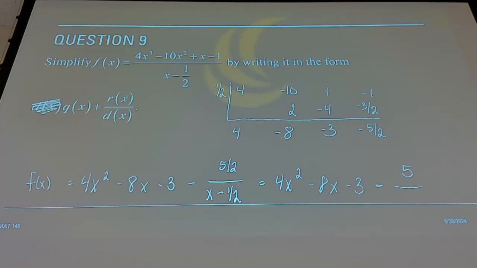And then x minus a half, distribute the 2 through. You get 5 over 2x minus 1.